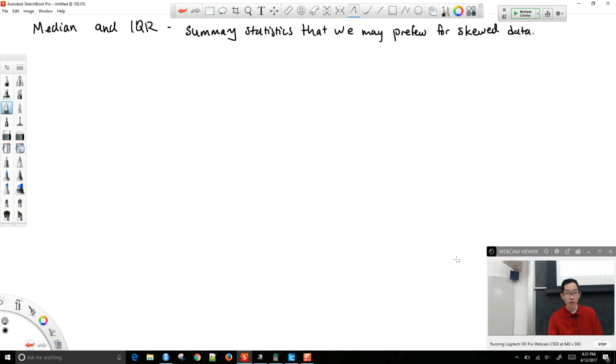Okay, and so the median describes the center. So the mean and the median both describe the center. We said the mean was the balance point of our data. The median can be thought of as the halfway point of our data.